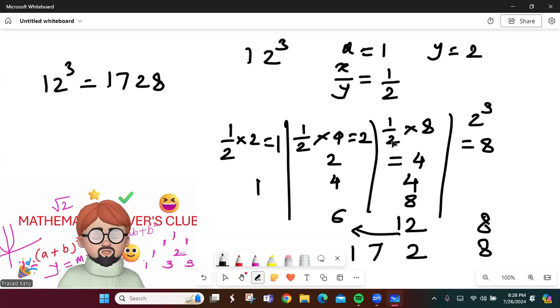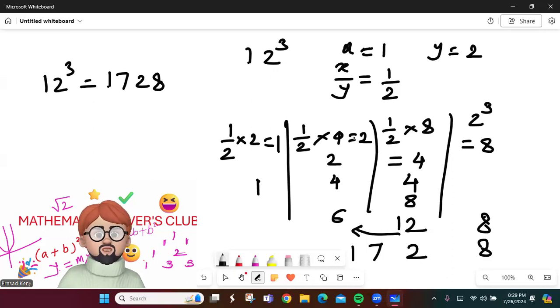In the fourth partition, the first on the right side, I will write the cube of the second digit, 2 cube, 8, and then I'll repeatedly multiply 3 times by the ratio x upon y. In the middle 2 partitions, whatever number I'm getting, I'm going to double it and add. Then just keep 1 digit in 1 partition at a time, and that will give you the final answer.